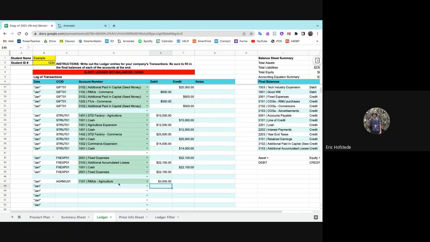Next, what do we got to do? So we have our RMUs now. How do we get them? Well, we actually received a bill. And that bill is our RMU purchases. COGS RMU purchases. Starts with a 2. So it's a liability. It's a bill that I'm getting from the supplier of these agriculture RMUs, from the farmer, I guess.